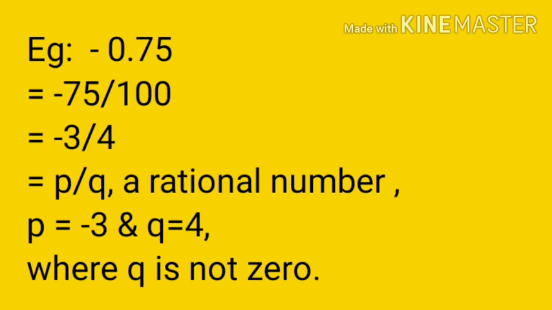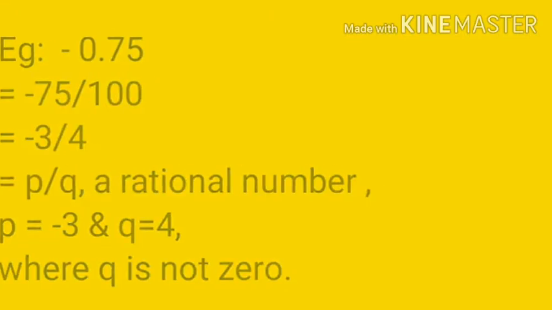Here p is equal to minus 3 and q is equal to 4, where q is not equal to 0. Therefore, minus 0.75 is a terminating decimal and is equal to minus 3 by 4, which is in the form of p by q. Therefore, it is a rational number.